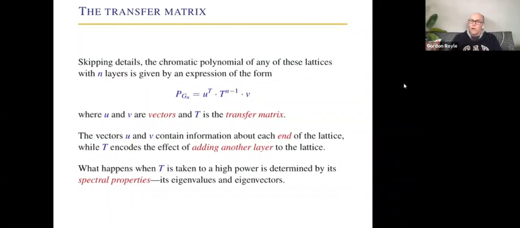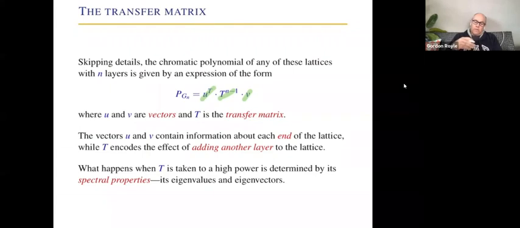of a lattice or really any repeating structure by a vector expression or matrix expression of the following form. U transpose T to the n minus 1 V. Essentially, U contains the information about one end of the lattice.